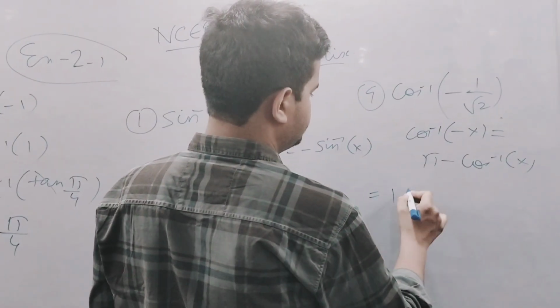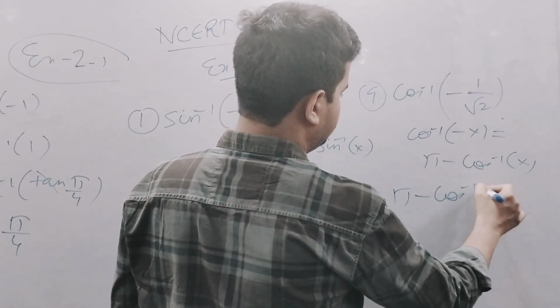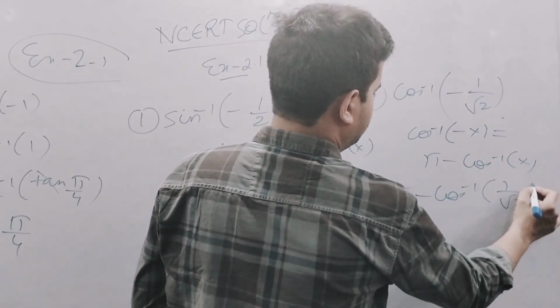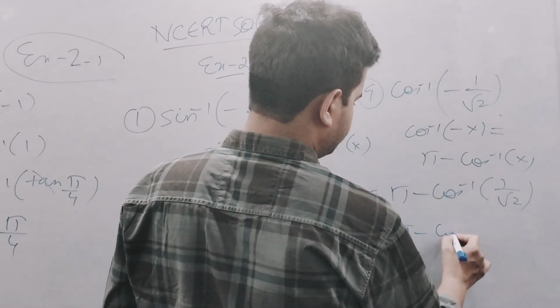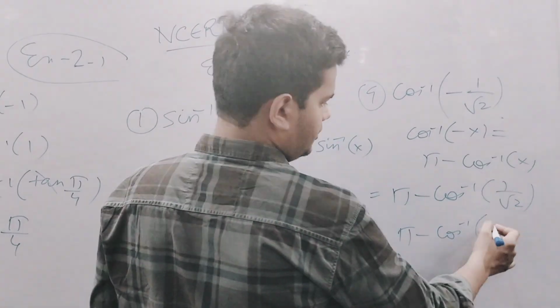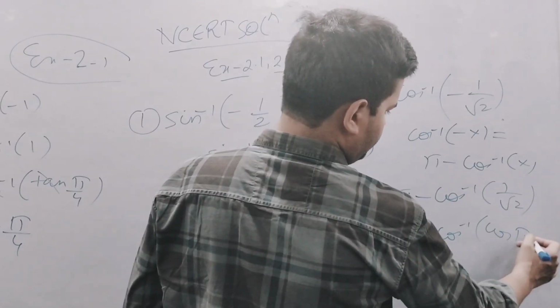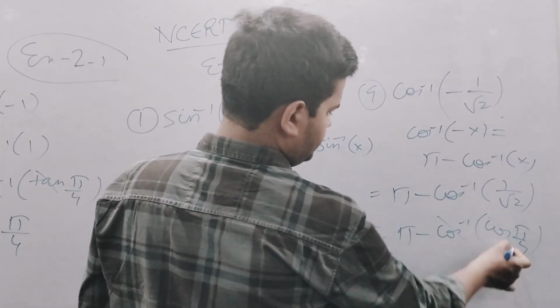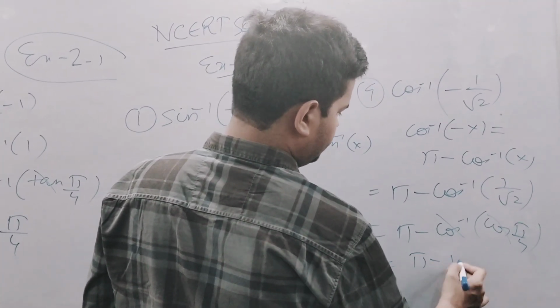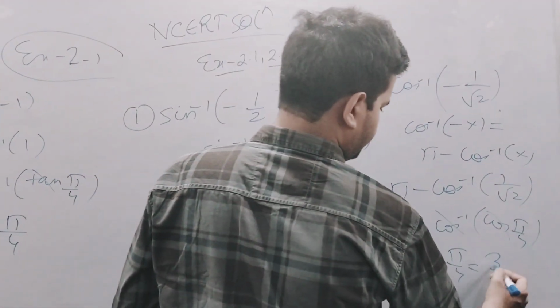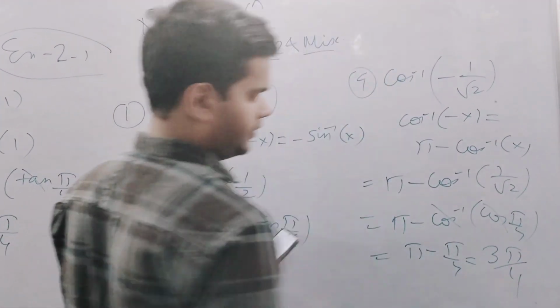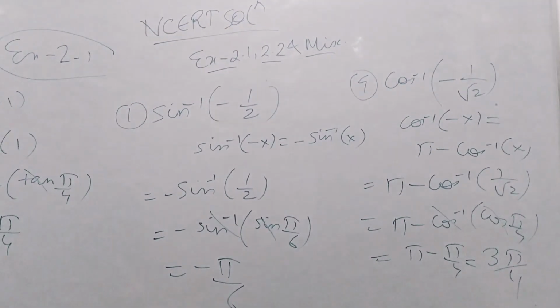So this becomes pi minus cos inverse 1 upon root 2. So this becomes pi minus, now this is cos pi upon 4. So the value becomes pi minus pi upon 4, which is 3 pi upon 4. Okay, note it down.